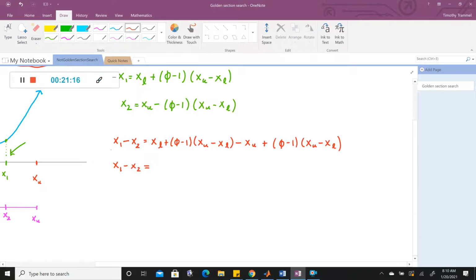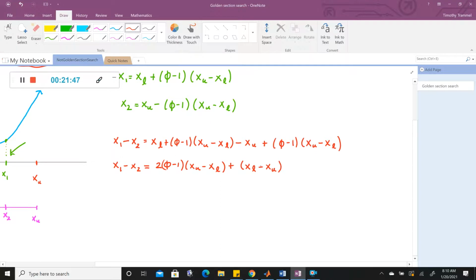So if we keep going here, we have two terms that are exactly the same. We could add those two together. We could say 2 times phi minus 1 times x upper minus x lower. We add like terms. And then we have plus x lower minus x upper.